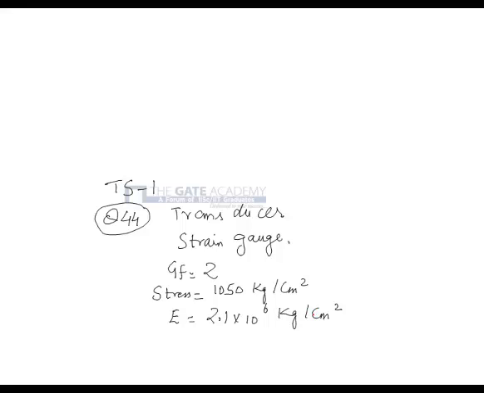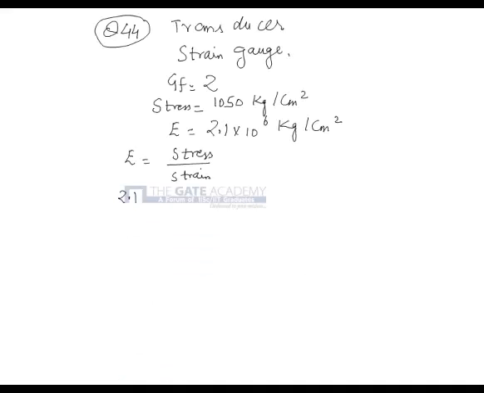Now we have to calculate the change in the resistance. It's a very well known formula for modulus of elasticity, which is stress to the strain. Putting the values, we have 2.1 into 10 raised to the power 6 kg per centimeter square equals stress value 1050 kg per centimeter square divided by strain.